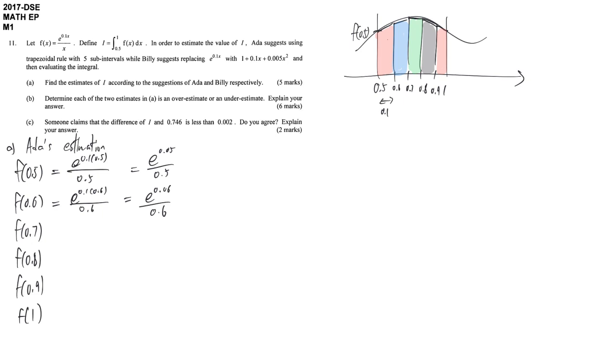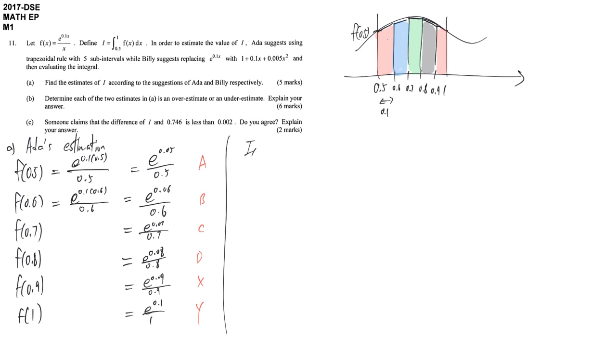Once you get the trend, you can finish it vertically: e^0.07, e^0.08, e^0.09, e^0.1, divided by 0.7, 0.8, 0.9, and 1. After that, you calculate each value and put it into your calculator memory slots A, B, C, D, X, Y. Once you get them, you can finish your calculation.